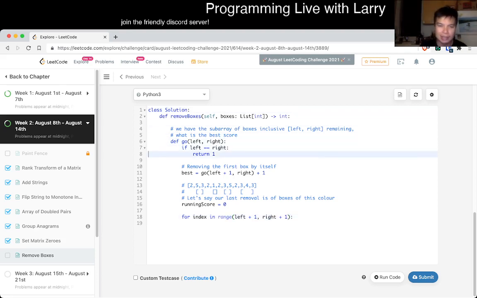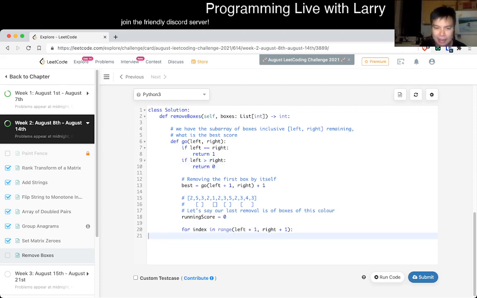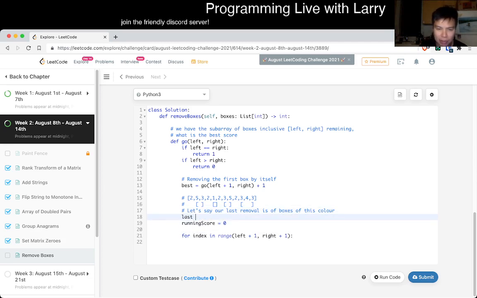But now it just means that if left is greater than right, we return 0. We had that base case. And okay, so that means that we want to keep track of last boundary as well, is equal to, so yeah, this is a lot of indexing, but I just have to keep track. So let's say this is the thing.